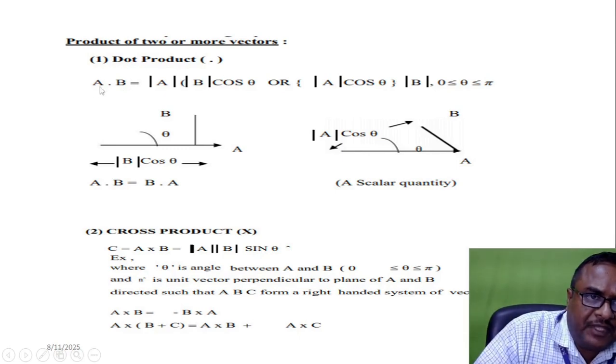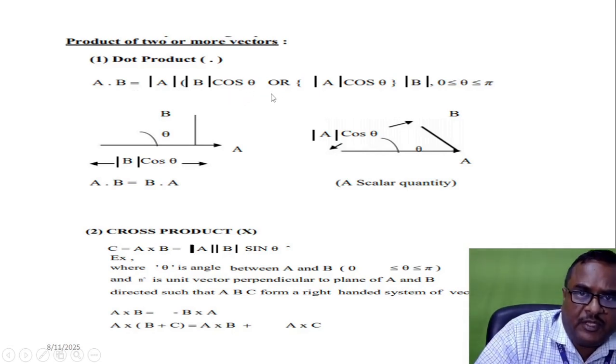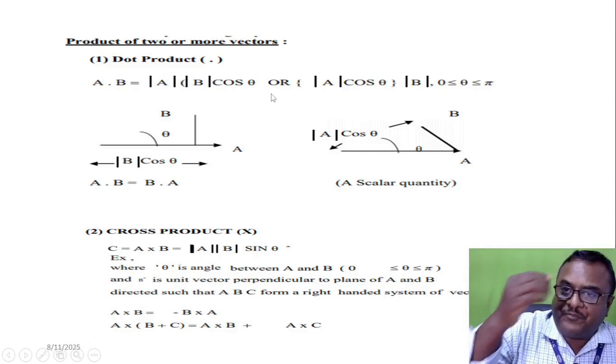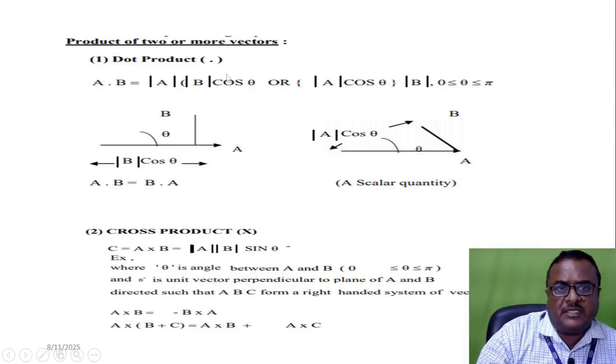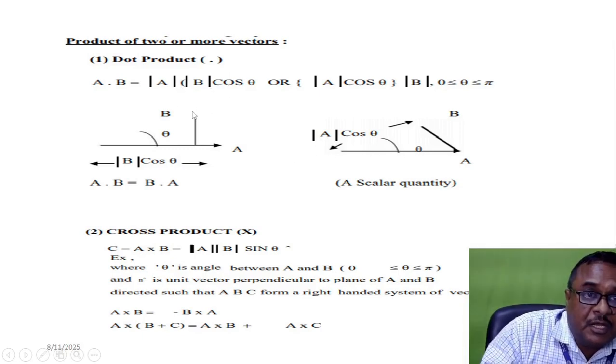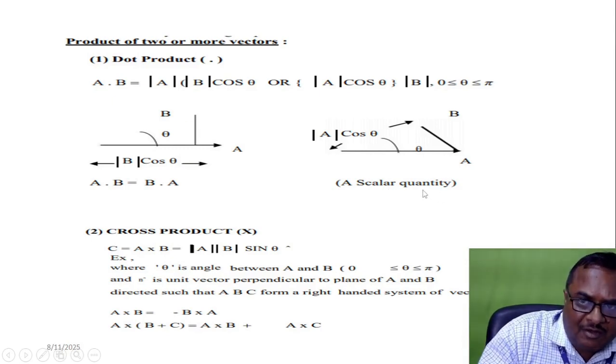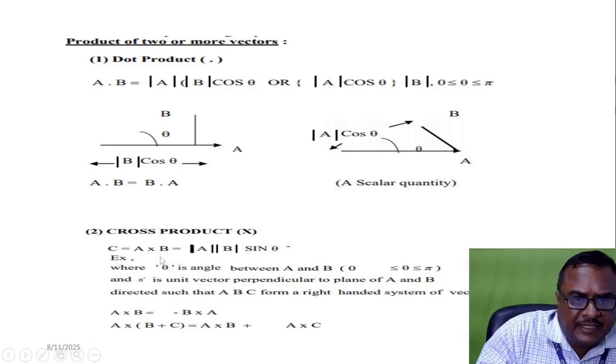Here we have vector A and vector B. In the dot product, A dot B equals, by the general formula, AB cos theta, where theta is between 0 and pi. Basically AB cos theta is a scalar quantity, so the dot product gives a scalar quantity.